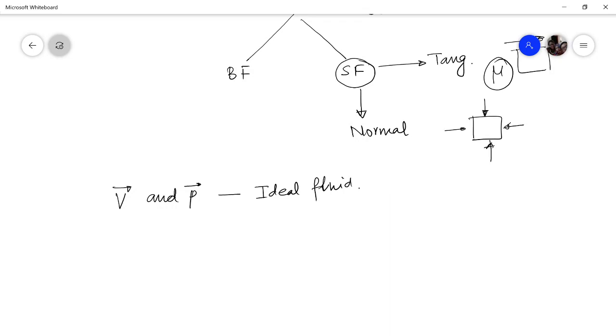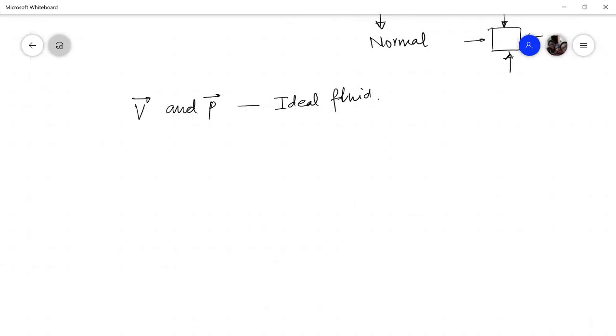There are n number of ways in which we can derive the Euler equation. Here I will be showing you the first approach, and in the next lecture I will be showing you the second approach. This approach is the control mass system approach, that is, the closed system approach. I will be considering an infinitely small control mass, that means a chunk of mass taken from the bulk.